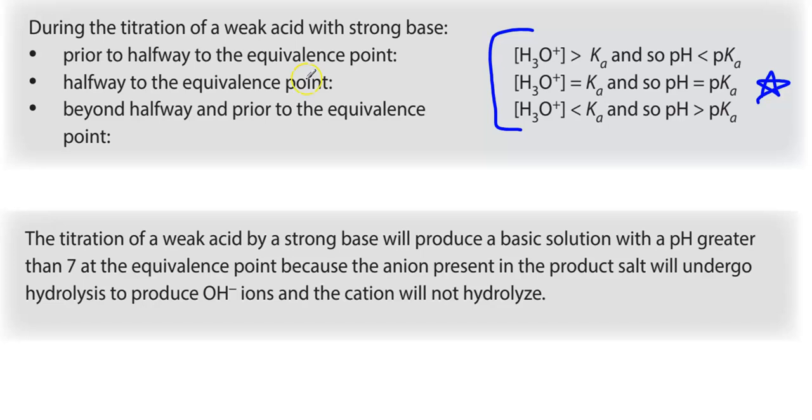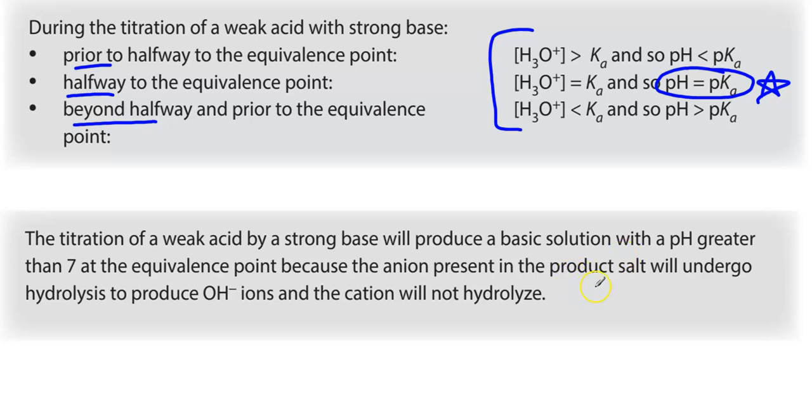So you essentially have before the halfway point, after the halfway point, before the equivalence point. This is where your buffer region is happening. This is where you have your +1, -1 range. And when the halfway point to equivalence is reached, your pH is equal to your pKa.